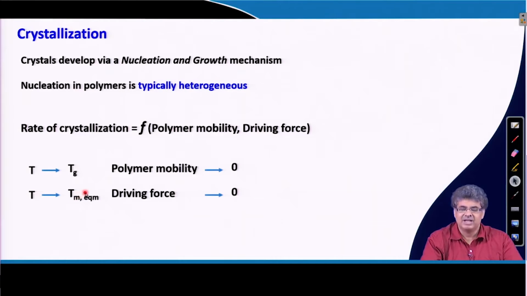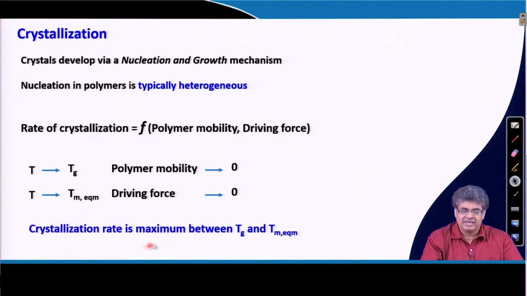So there is a middle temperature where crystallization is maximum, between Tg and Tm. If we anneal a polymer sample, crystallization generally happens at a particular temperature, and that temperature is called Tc, the crystallization temperature.